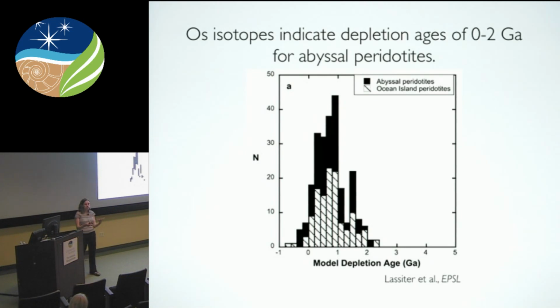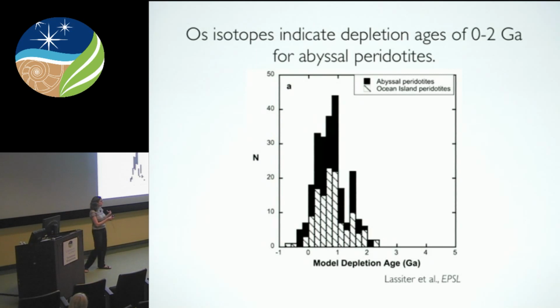The general consensus in looking at the abyssal prototypes is that they are recording an unradiogenic component. We see that in all the isotope systems. To ingrow that signal, you need to have depleted the prototype a long time in its past. That can't be something going on at the ridge axis today; you have to have been removing melt a long time ago, and then those prototypes have now recirculated back to the ridge today.